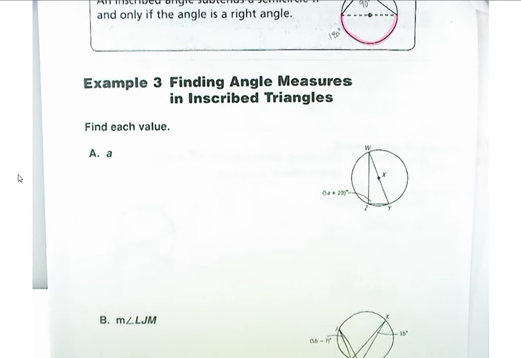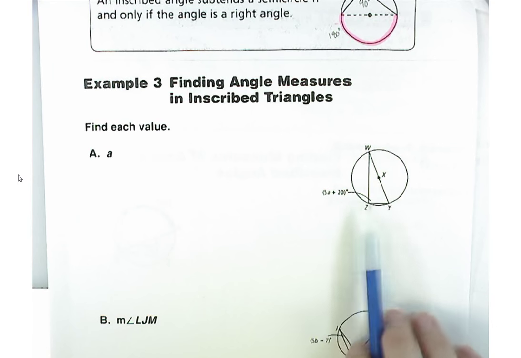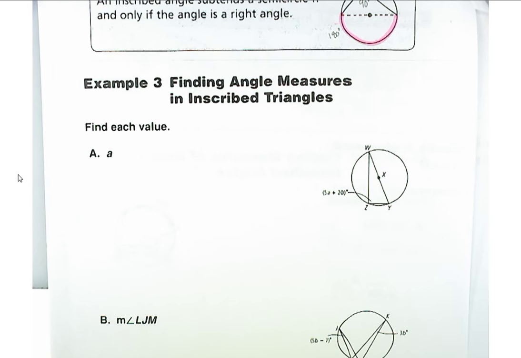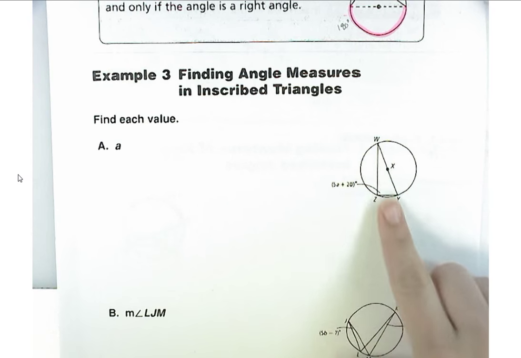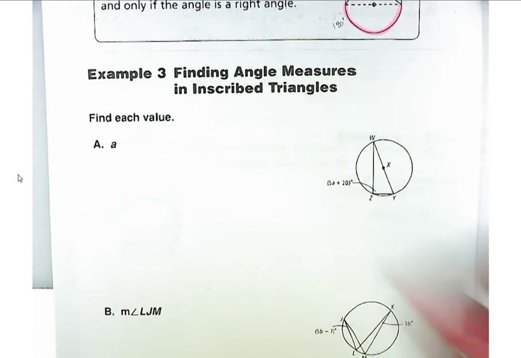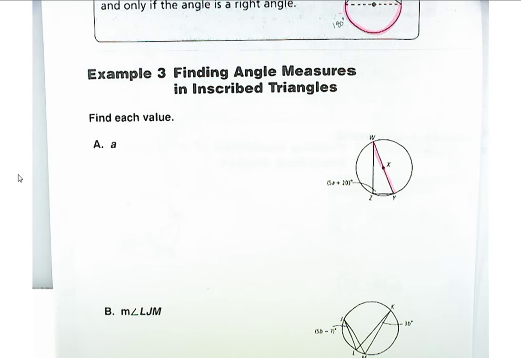All right, so for example 3, we're going to find each value. The first value we want to find is A. And they give us that angle Z is going to be 5A plus 20. So let's talk about what's in our circle. So first we have this segment WY, which is the what of the circle? Diameter, right?